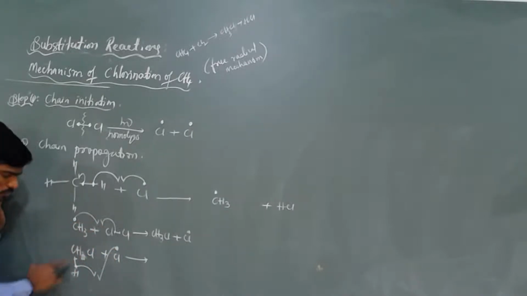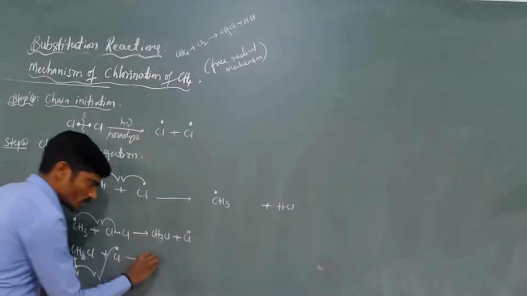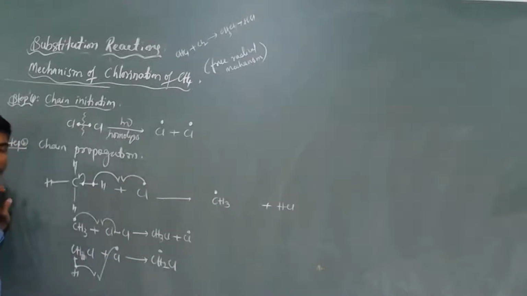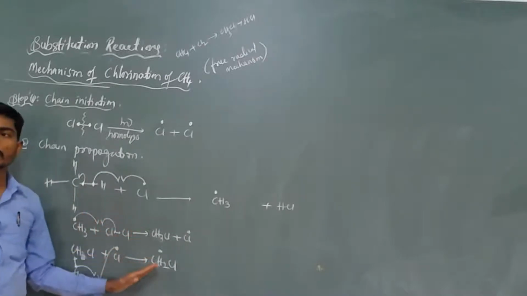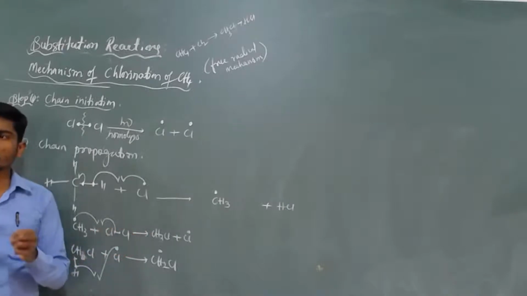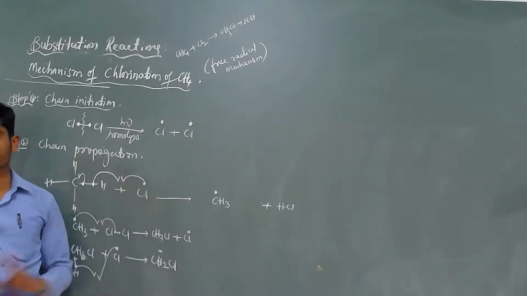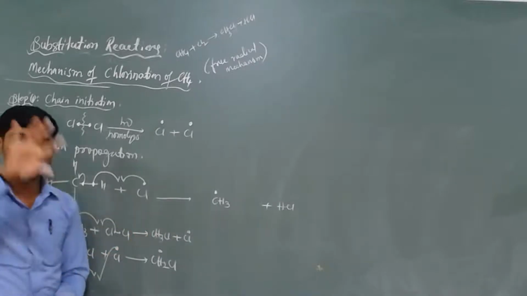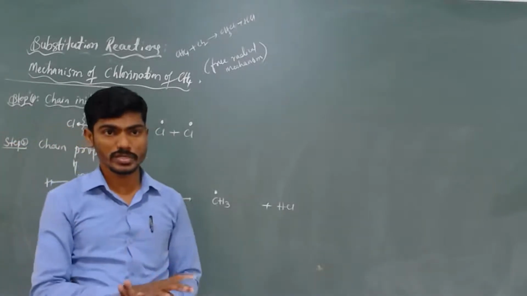Again HCl is removed, giving the CH2Cl dot radical. So these reactions will continue to propagate till all the reacting species react together and give radicals.